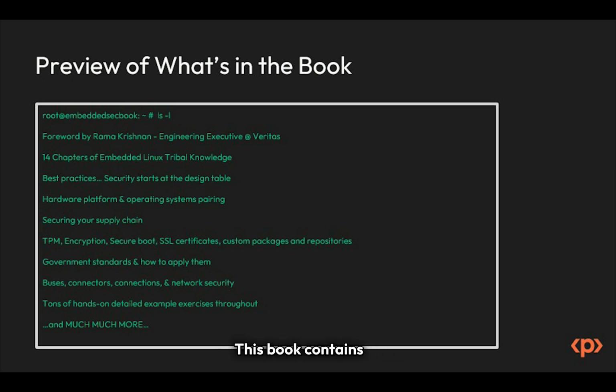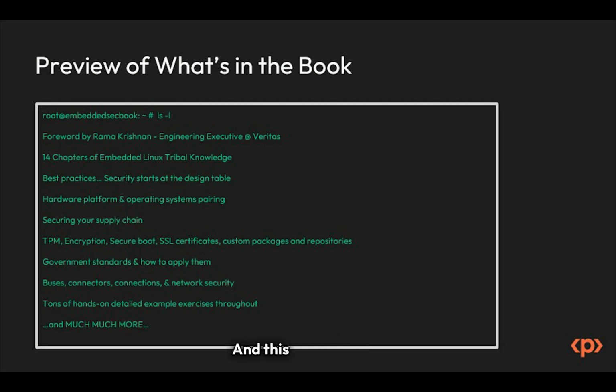This book contains 14 chapters of what most people would call tribal knowledge, things that you're not going to find easily, if at all, anywhere on the web in documentation and things like that.